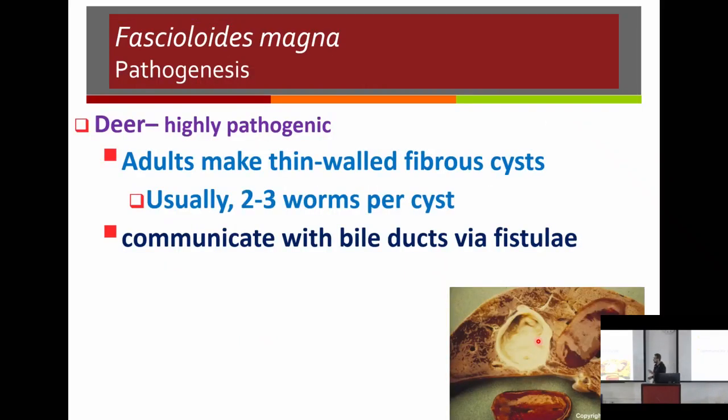It is highly pathogenic in deer, because normally there will be two or three worms, for example, that make a cyst formation and are seen within the cyst. Even two or three worms can cause very severe disease in deer.